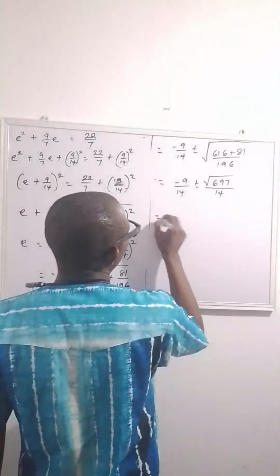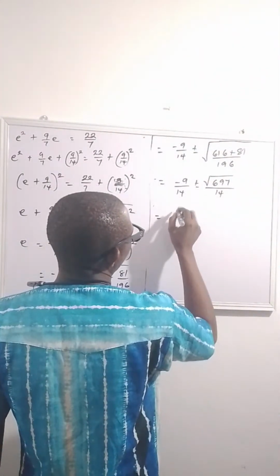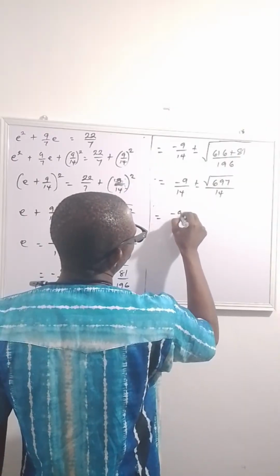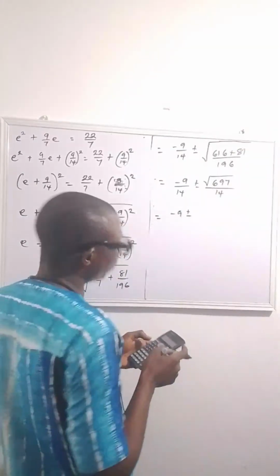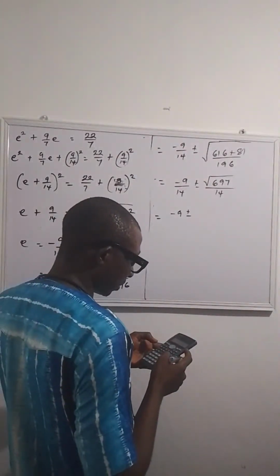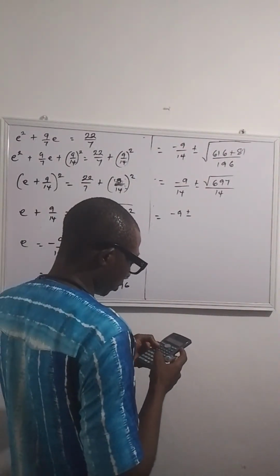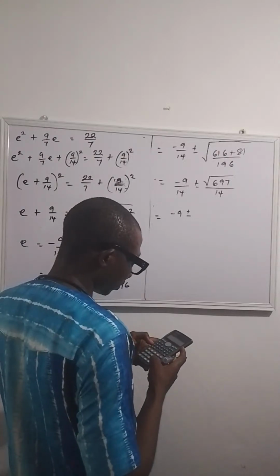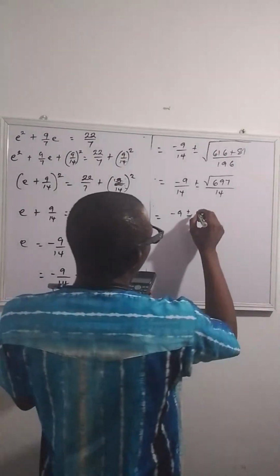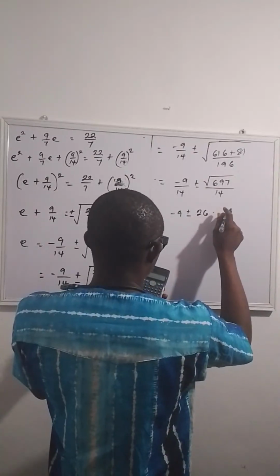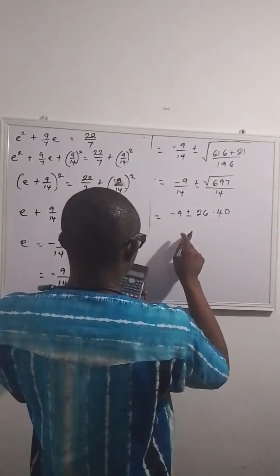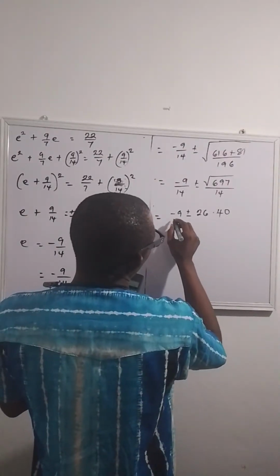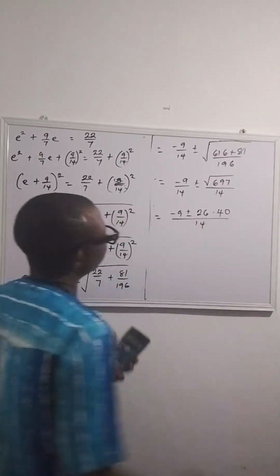So you now have your answer as minus 9 plus or minus, now the square root of 697. So what do you have? So you have 26.40. So 26.40 over 14.